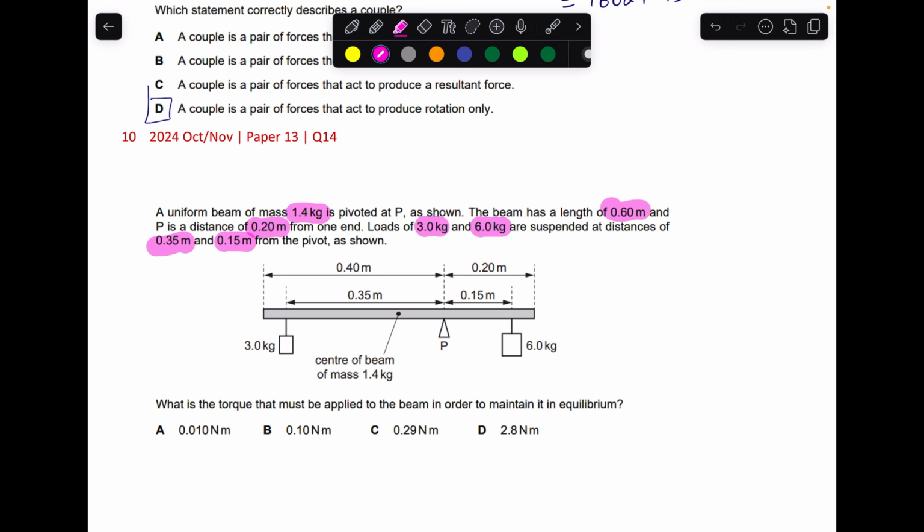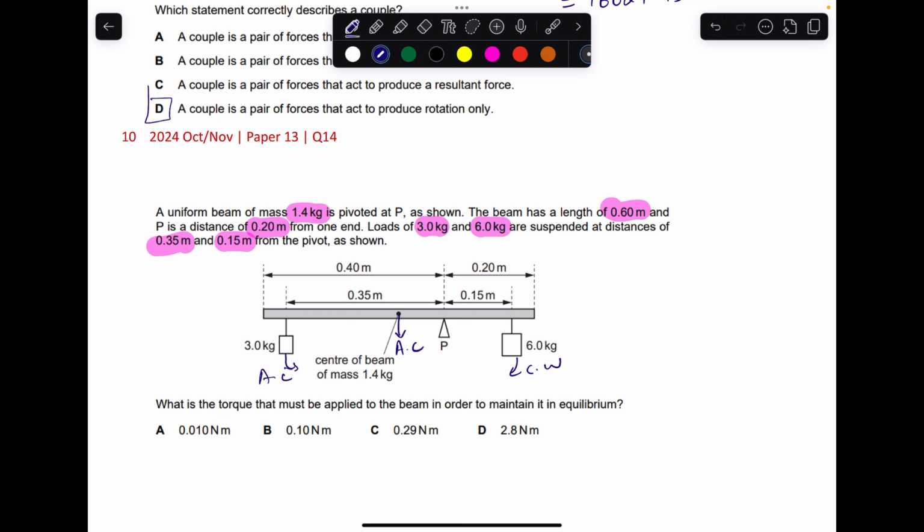Okay, so you want to maintain it in equilibrium, you have to find the required torque. So let's first find what amount of clockwise moment is there and what amount of anti-clockwise moment is there. As we have two masses, this mass will produce clockwise moment, this mass will produce anti-clockwise moment, and there is a weight of the bar as well that is also producing an anti-clockwise moment.